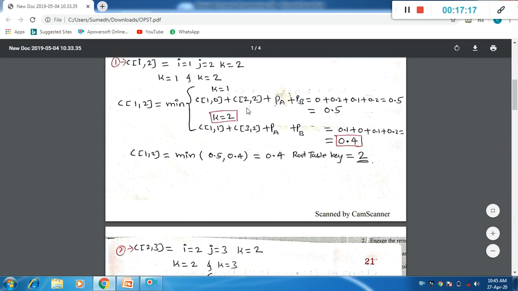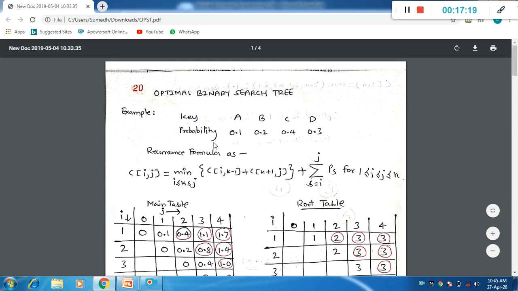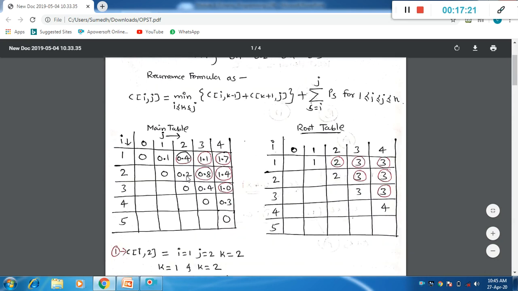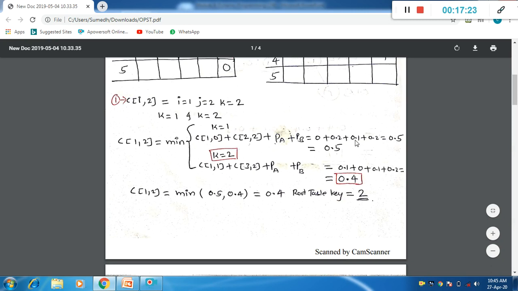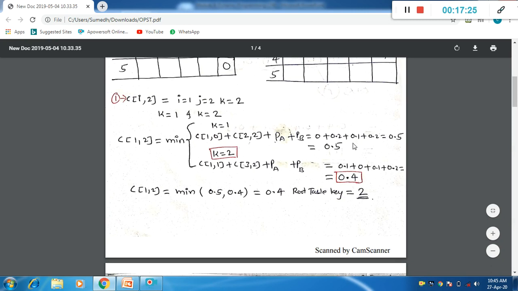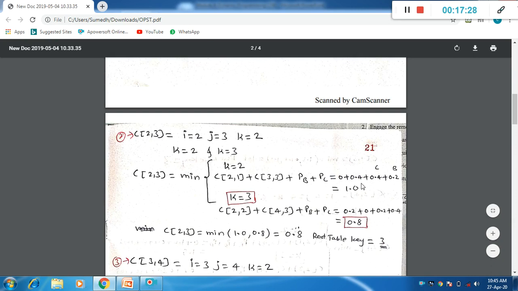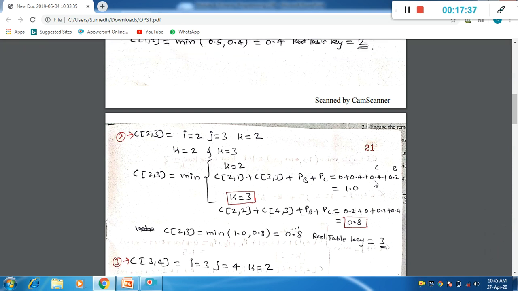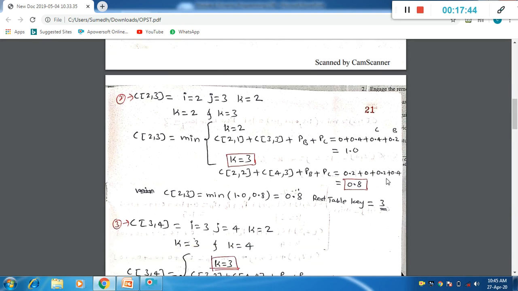Then here it is 0 plus the value of 2 by 2, which from this table is 0.2, plus the probability of character C is 0.4 plus the probability of character B is 0.2. And you will get the value here as 1.0.